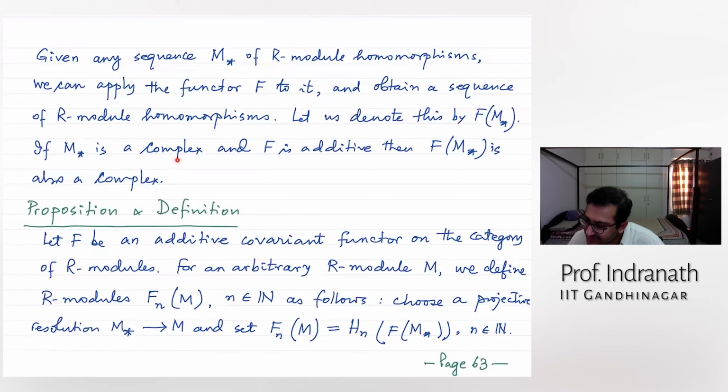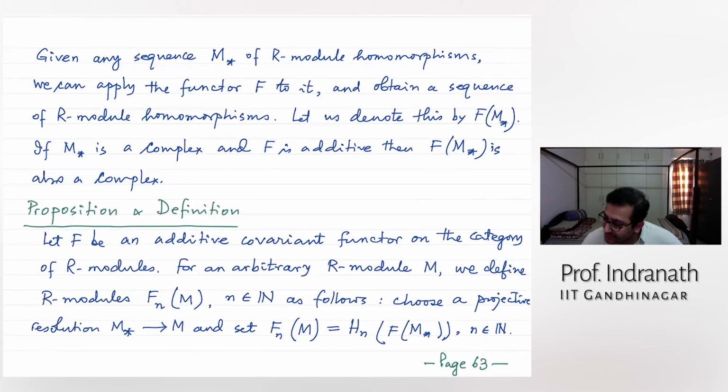If M star is a complex, meaning successive boundary maps compose to 0, and if F is additive, then F M star is also a complex.